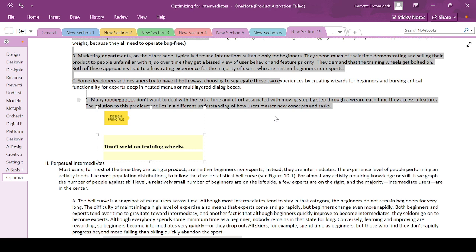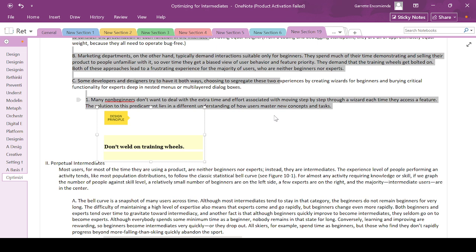The psychology of the marketers is for beginners because they want to get new users. It becomes their goal or motivation, and it becomes habitual for them. That's hard to change. They demand that the training wheels get bolted on.